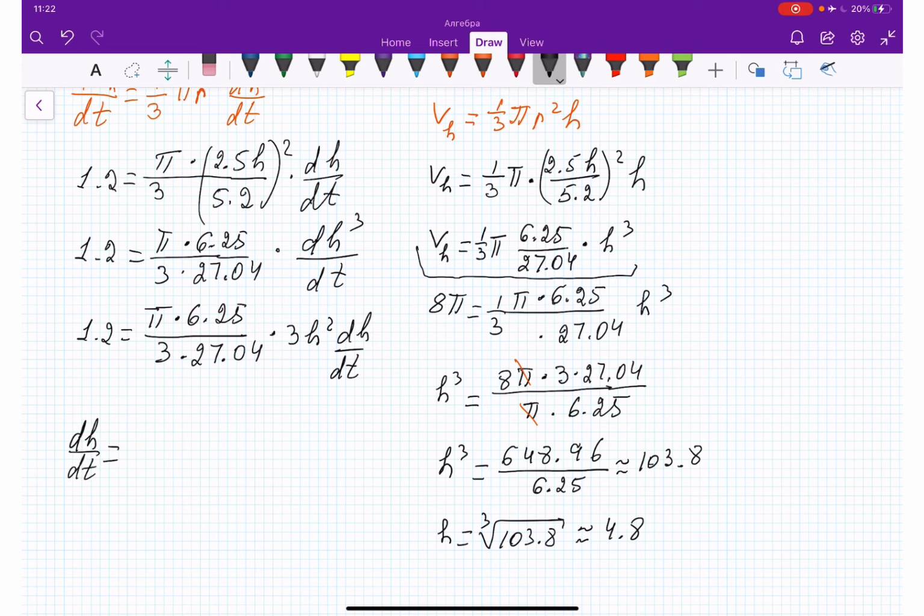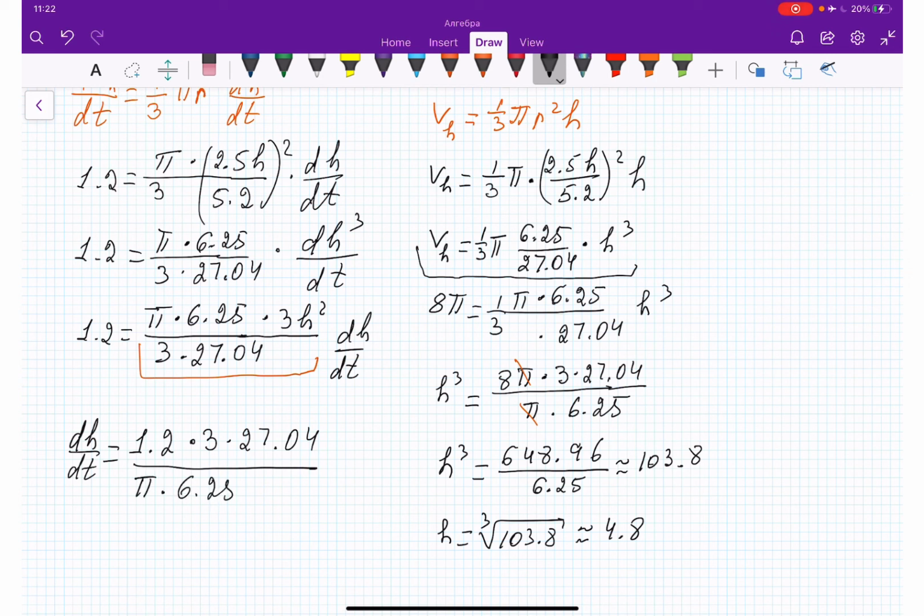And from here, we will have dh by dt is equal to 1 over 2 divided by, let me move this on the top, the whole fraction, which means I'm going to flip the fraction, right? This 3 times 27.04 comes to the top, and pi times 6.25 times 3 h squared.